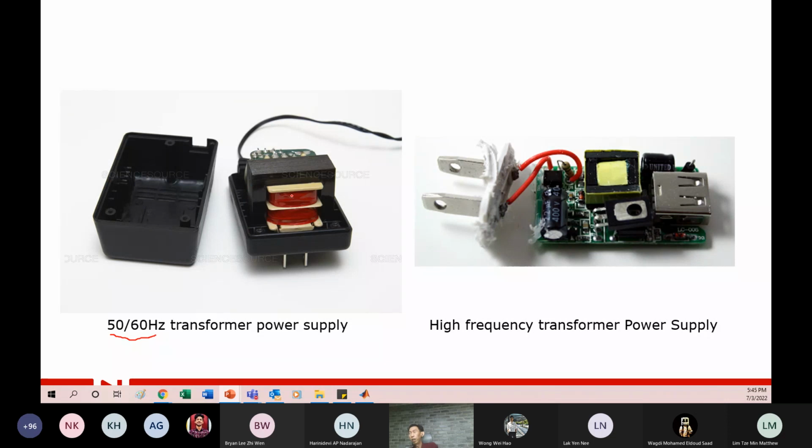But nowadays, when we open up our new charger, you can see the transformer is so small. Then we know, oh, this is the flyback, a high frequency transformer with a switching transistor. This is how our handphone chargers are made. They use high frequency, so they become so small and light.